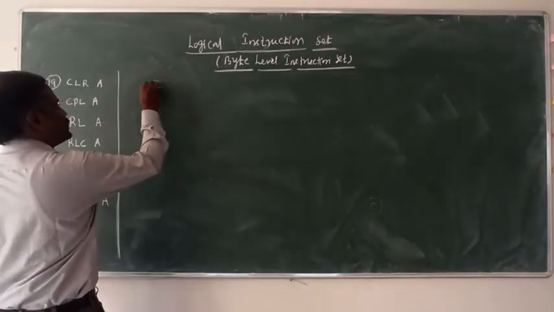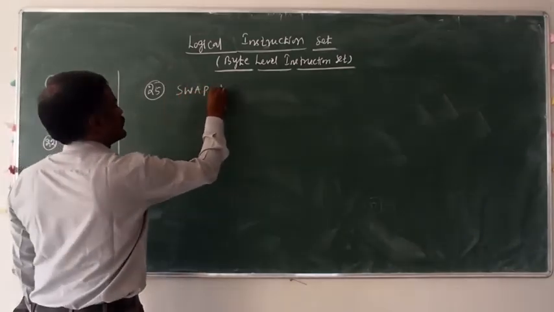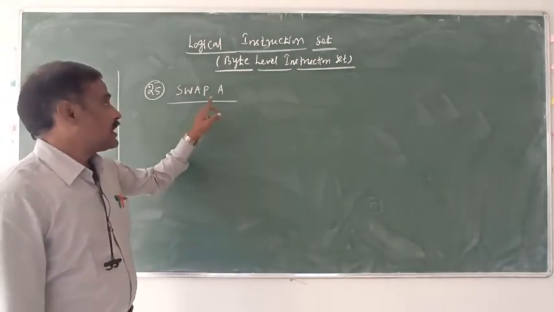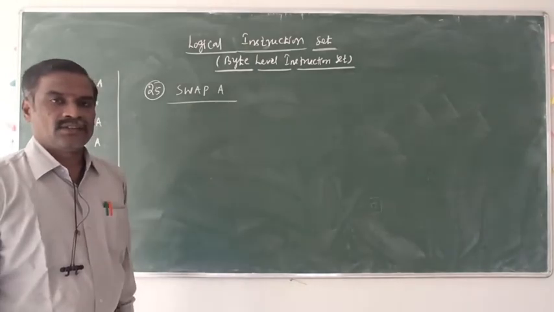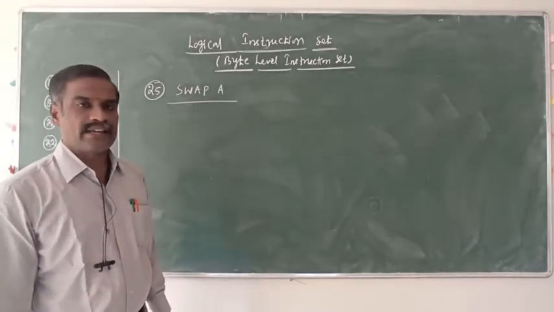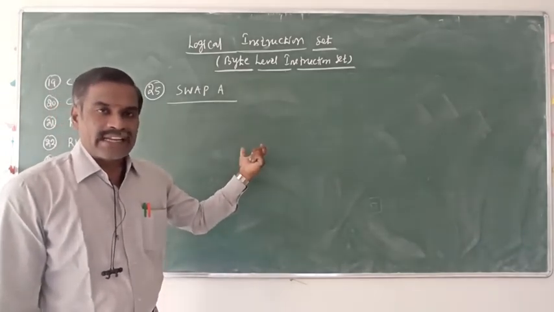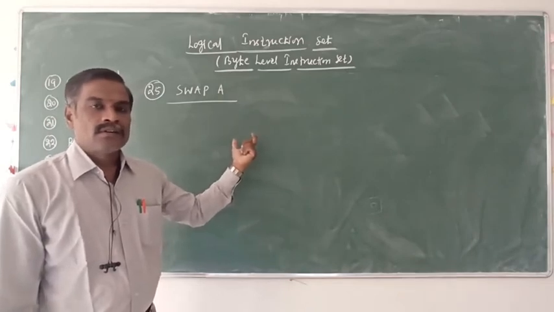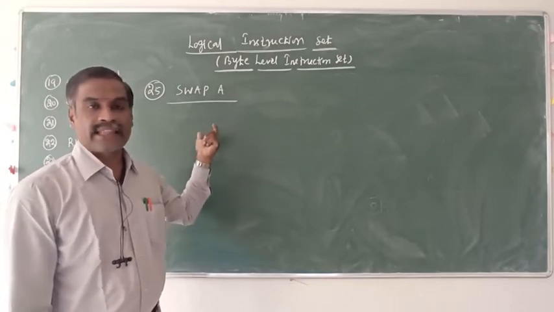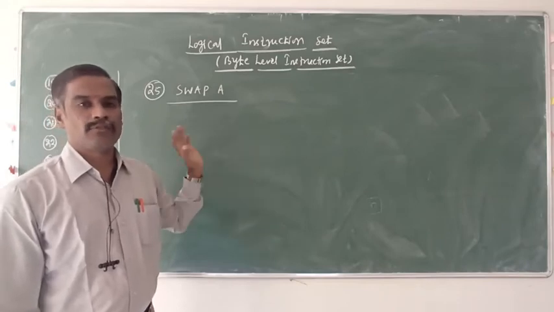Last instruction, 25, SWAP. SWAP, swap the accumulator content. Okay, here accumulator content is 8 bit. In accumulator, the lower nibble of 4-bit data moves to the higher nibble of 4 bits, and then the higher nibble of 4-bit data moves to the lower nibble of 4 bits.